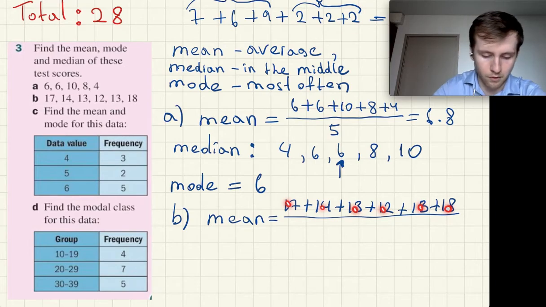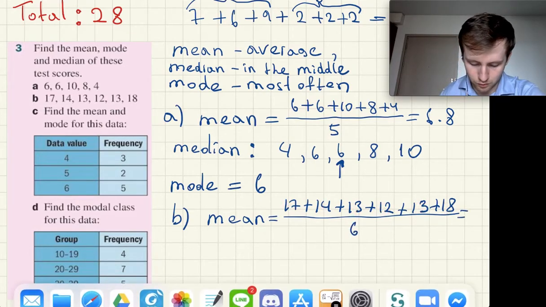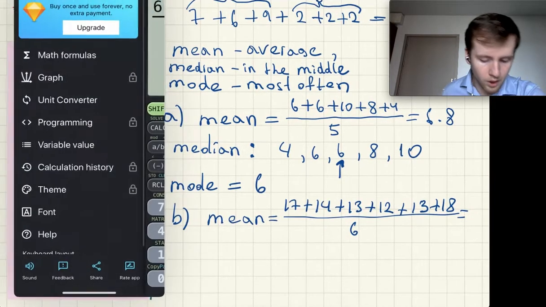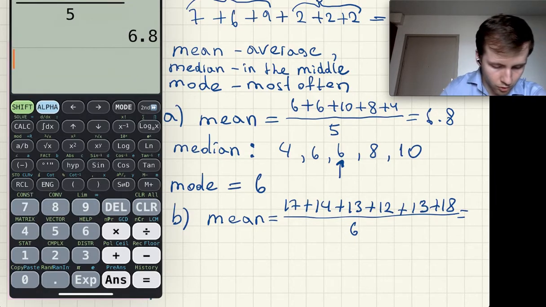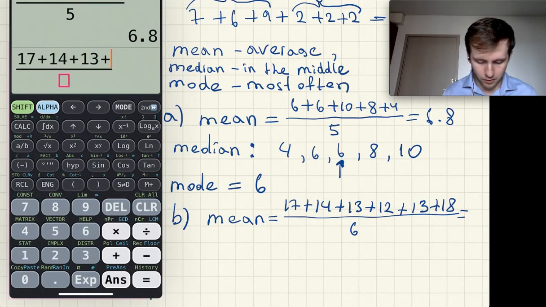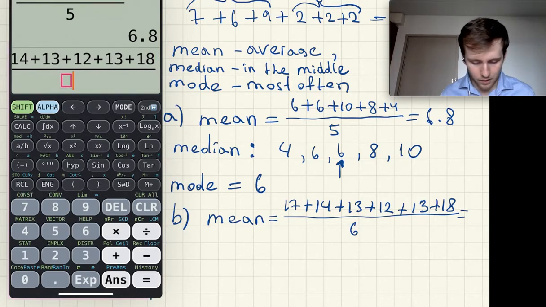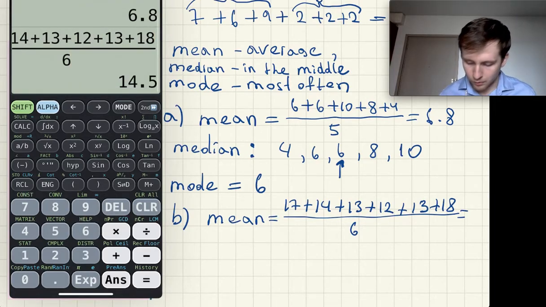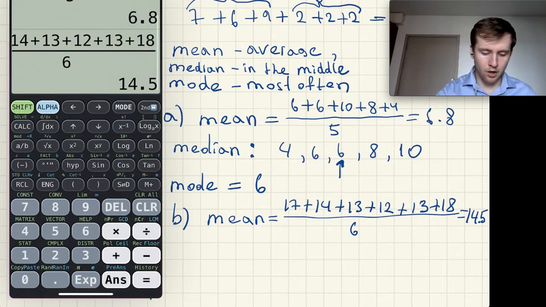We have 6 numbers in total, so we divide this by 6, and the result is going to be on our calculator. So we do 17 plus 14 plus 13 plus 12 plus 13 plus 18 divided by 6 equals 14.5. This is our mean.